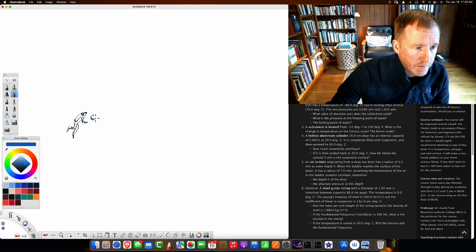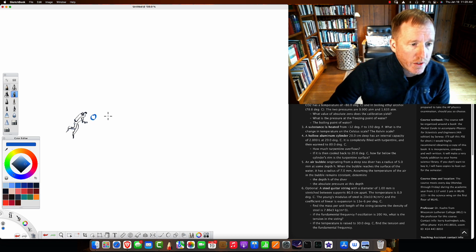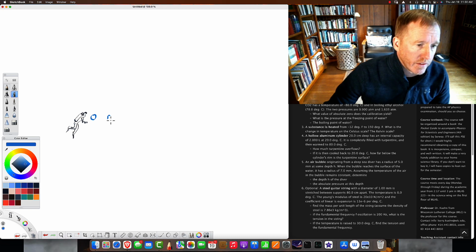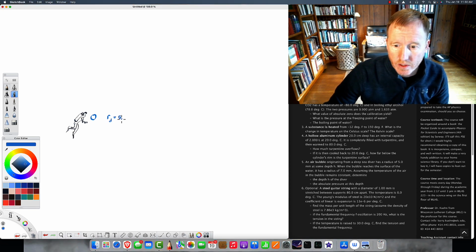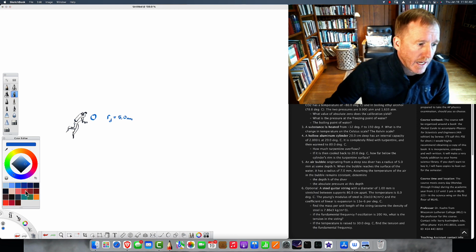I'm going to make this a little bit exaggerated, but the radius down in the deep region is equal to, we're told, 5.0 millimeters.